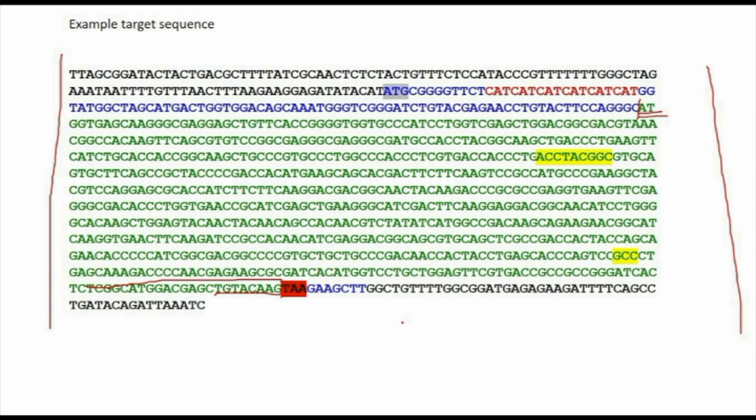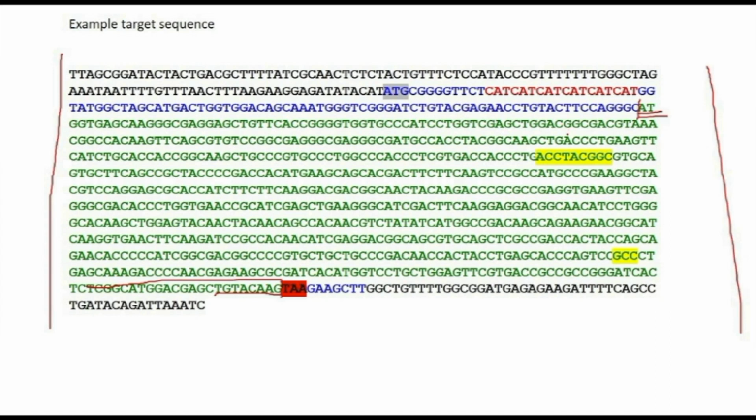Now the question arises, what are the non-cutters? You want to amplify this region and integrate it into another vector. For that, you have to identify which are non-cutting restriction enzymes.